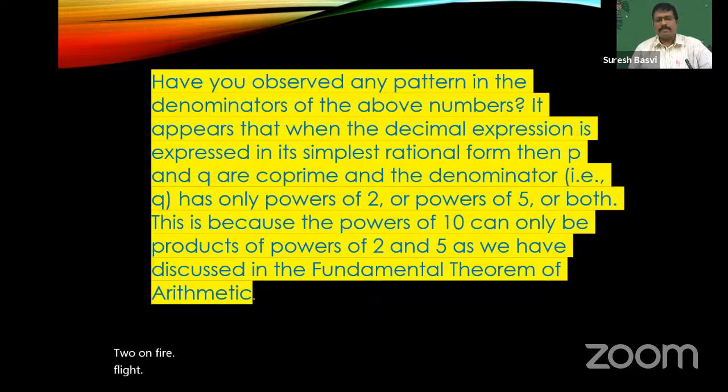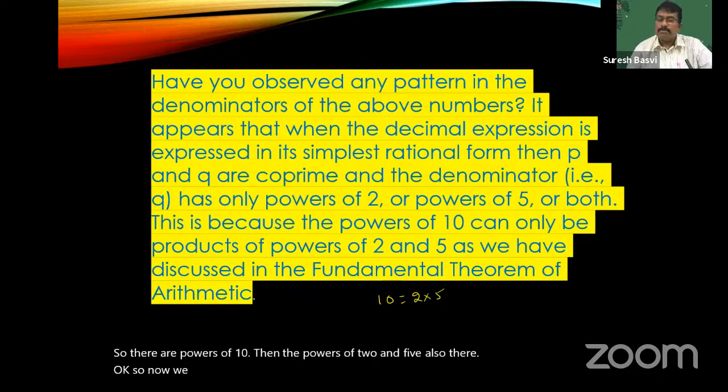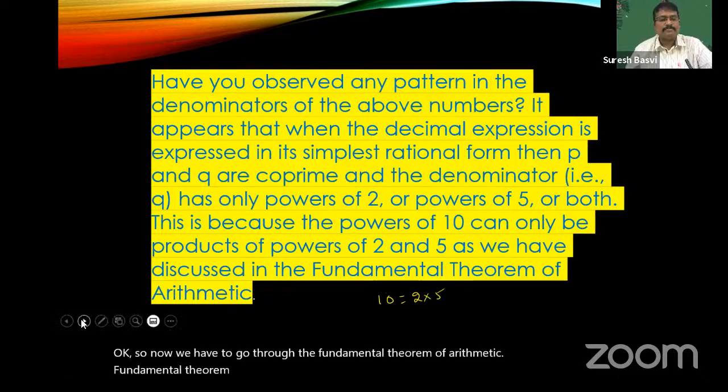Why? Because 10 can be written as 2 into 5. So if there are powers of 10, then the powers of 2 and 5 are also there. Okay, so now we have to go through the fundamental theorem of arithmetic.